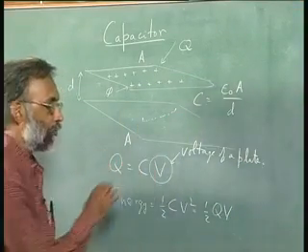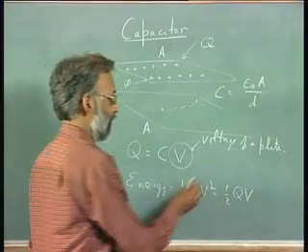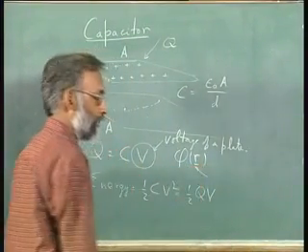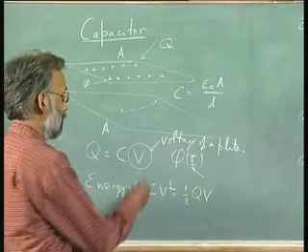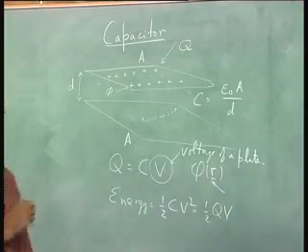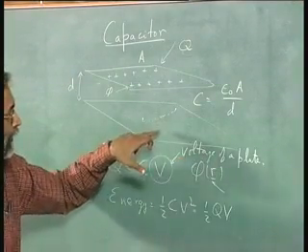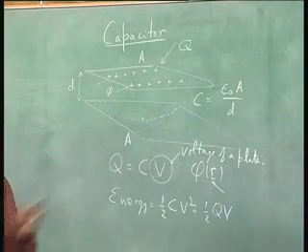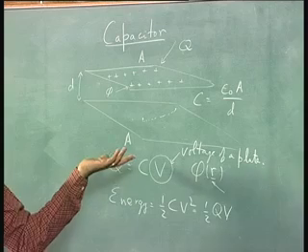So, instead of talking about phi of r, which is a function of position, we simply give the voltage. We do not say that this is the voltage of the plate at this point, whereas that is the voltage of the plate at that point. At all points on the plate, voltage is the same.